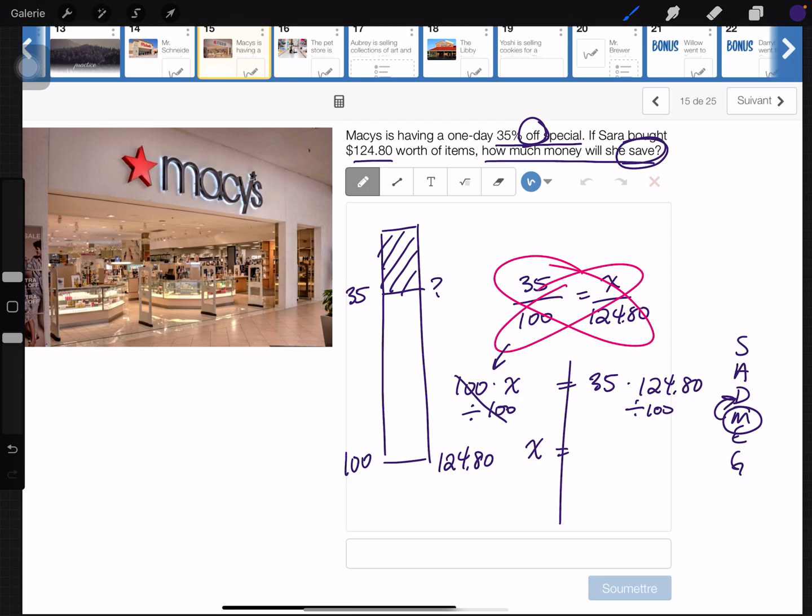Let me get my calculator up. 35 times 124.8 should be 4,368 divided by 100. And I can do that in my calculator, and that will give me 43.68. That's $43.68 she saves.